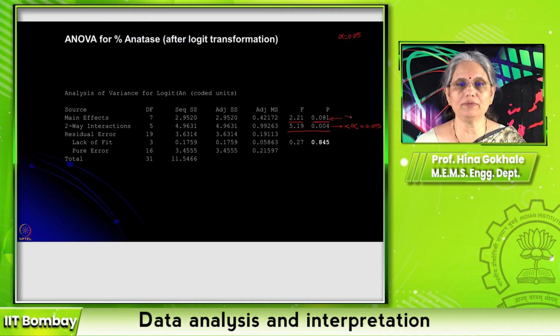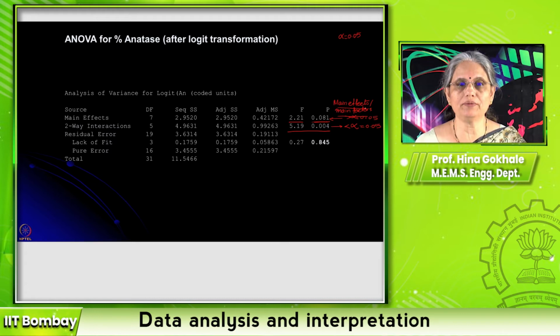This implies that main effects or factors do not change your variation in the value significantly compared to the residual error.